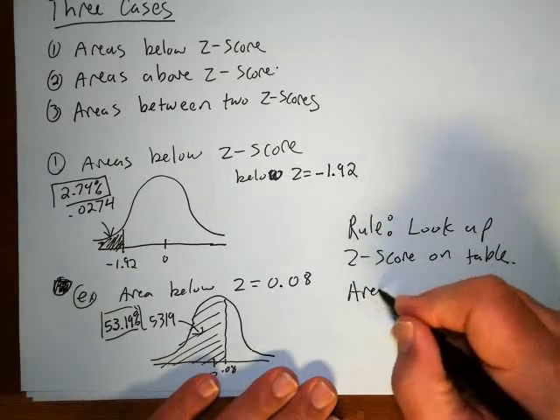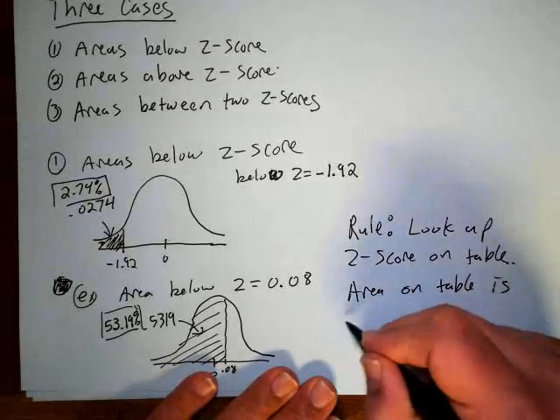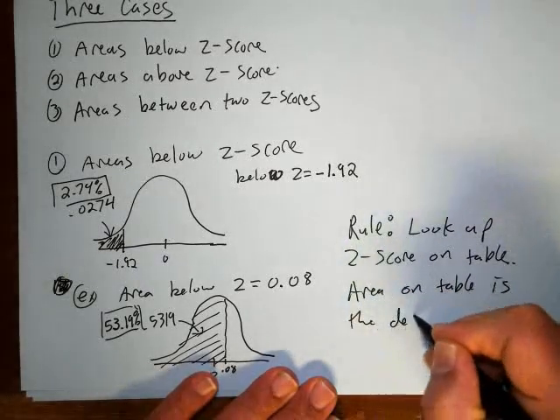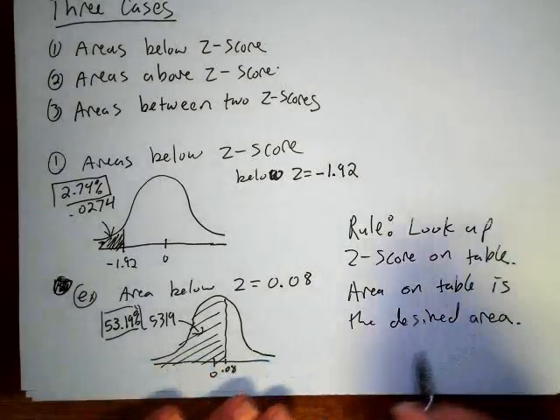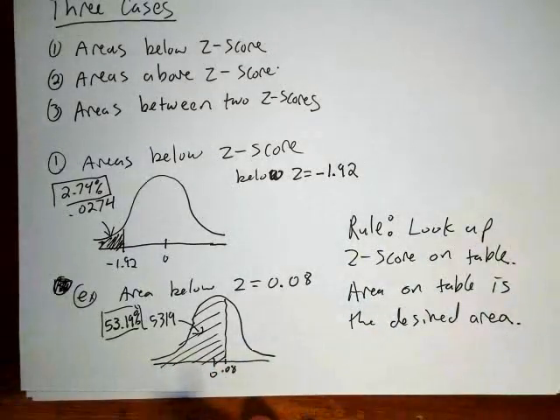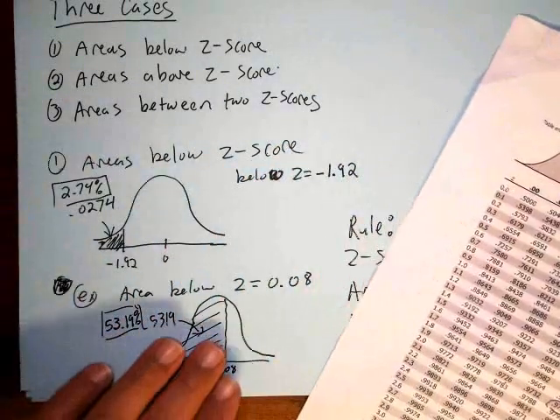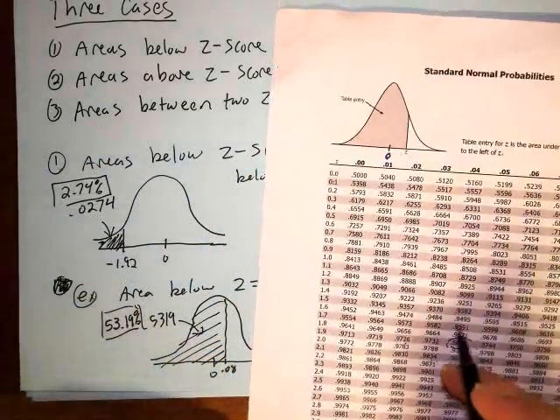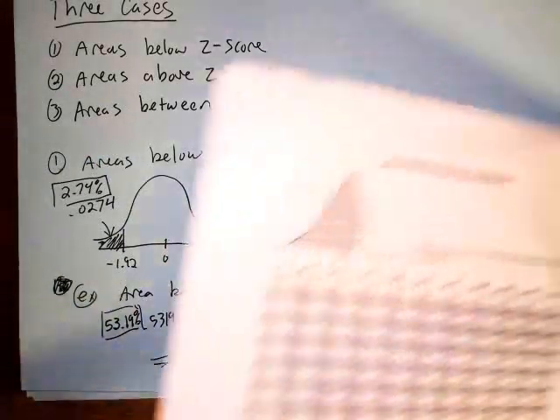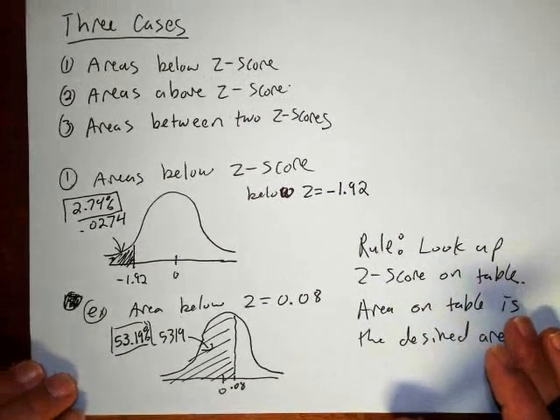The area on the table is the desired area that you're looking for. So in other words, this is the simplest case, because the table is set up to always give you the areas below the z-score, when you look it up, this number on the table is actually the percentage that you want. And that's the simplest of the three cases.